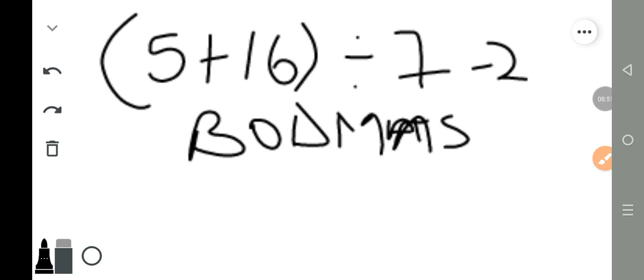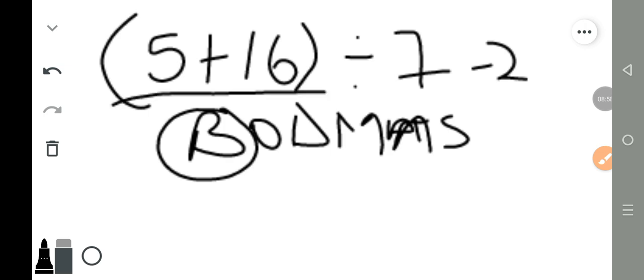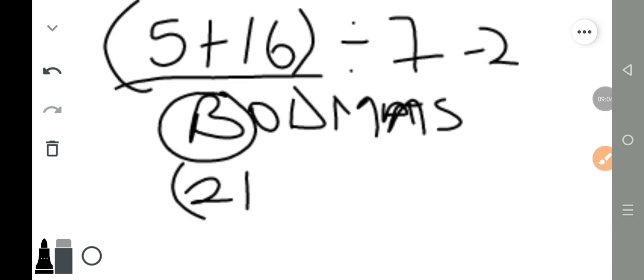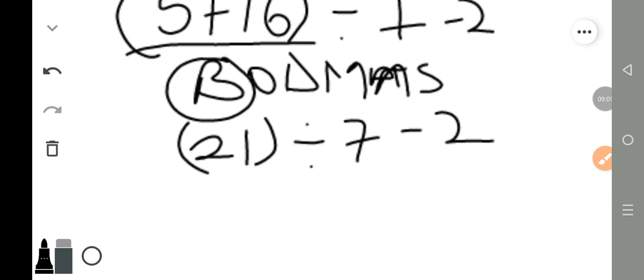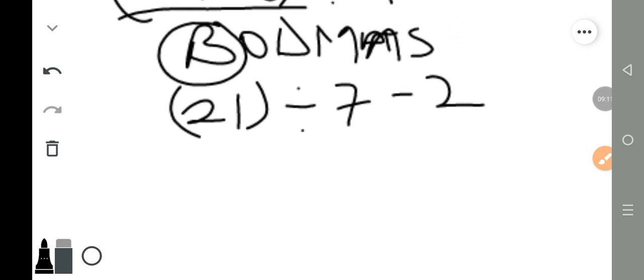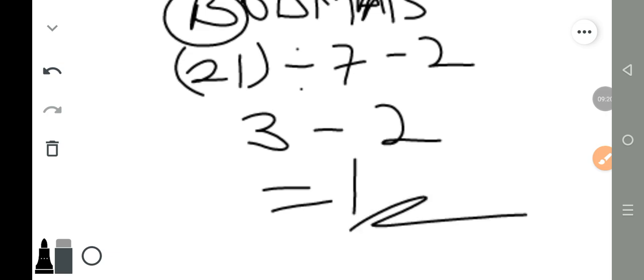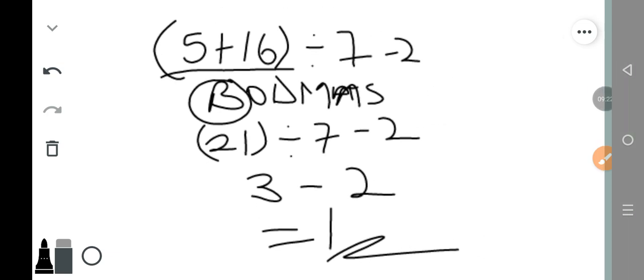And you can see there that, again, your bracket is the first thing you are going to sort out whenever you are solving. So 5 plus 16, that's 21. 21 is still in the bracket, divided by 7 minus 2. What's the next thing we are going to work out? Division. So 21 divided by 7, that's 3. 3 minus 2, and your answer is 1. That's how you solve for this.